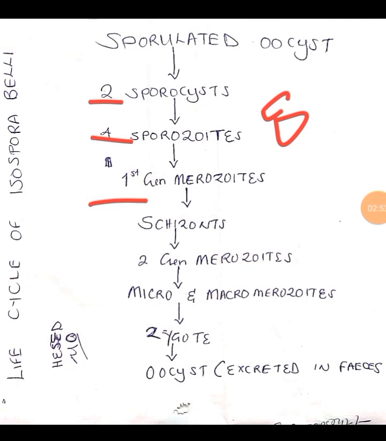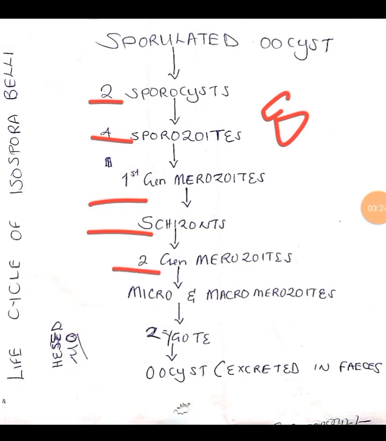When these first generation merozoites have been formed, they will round up and form schizonts. The schizonts rupture and release second generation merozoites. A schizont has the first generation merozoites in it. When it ruptures, it is going to release the second generation merozoites.